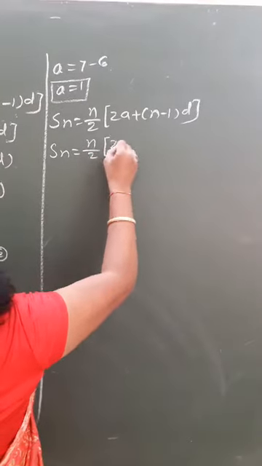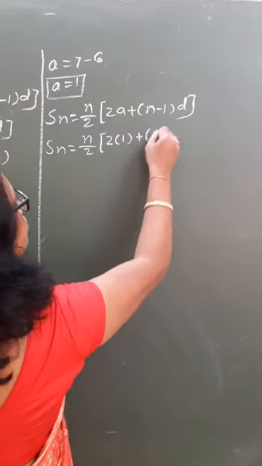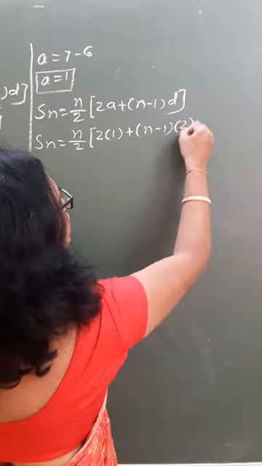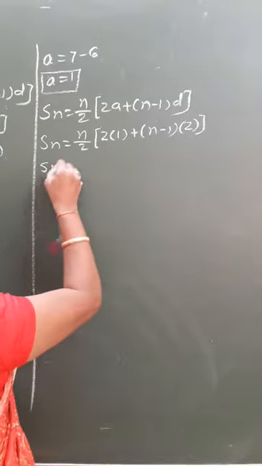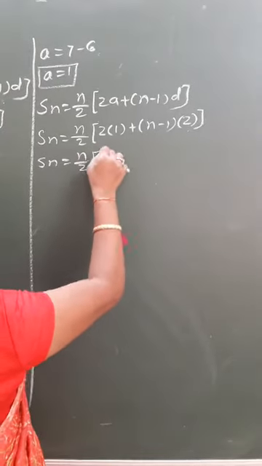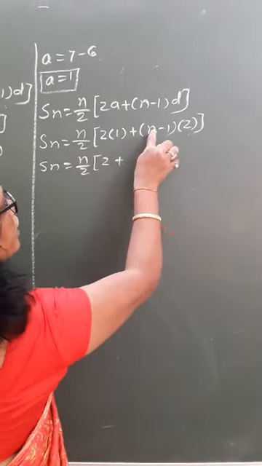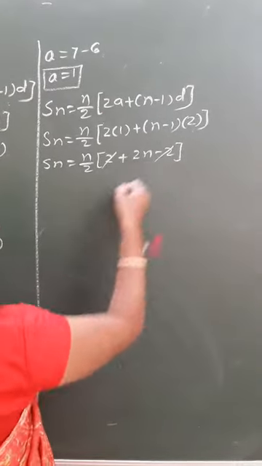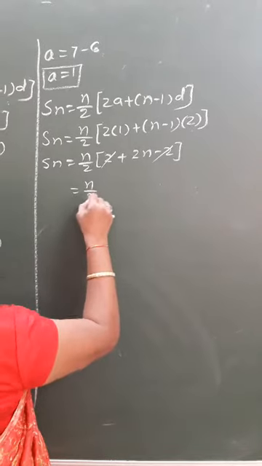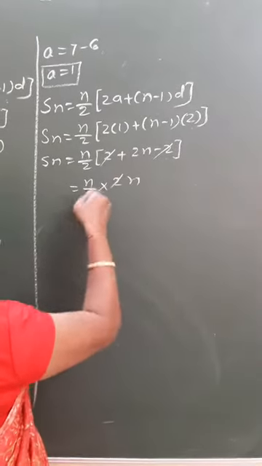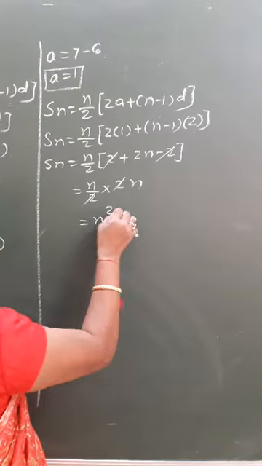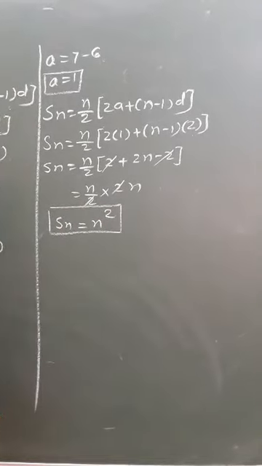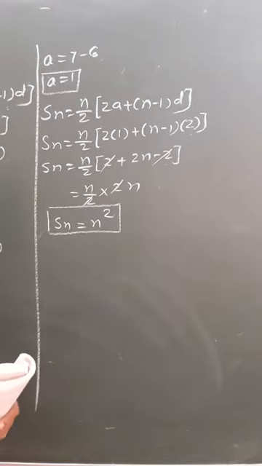Sn is equal to n by 2, in the bracket 2 into 1 plus n minus 1 into 2. That is n by 2 times 2 plus 2n minus 2. 2 will cancel, you will get n upon 2 into 2n. This cancels and we get Sn is nothing but n squared. So we got Sn in terms of n squared.